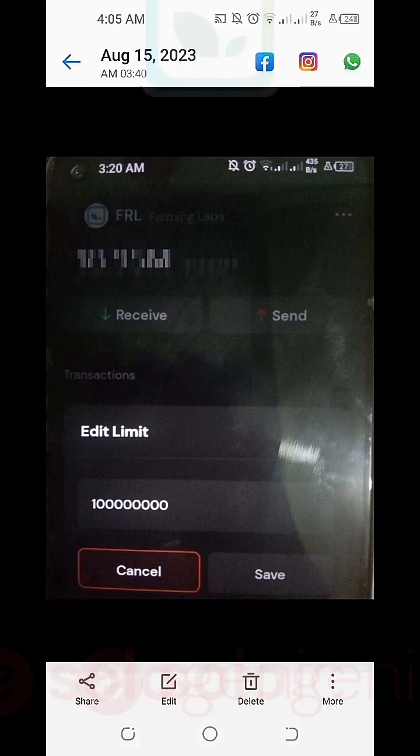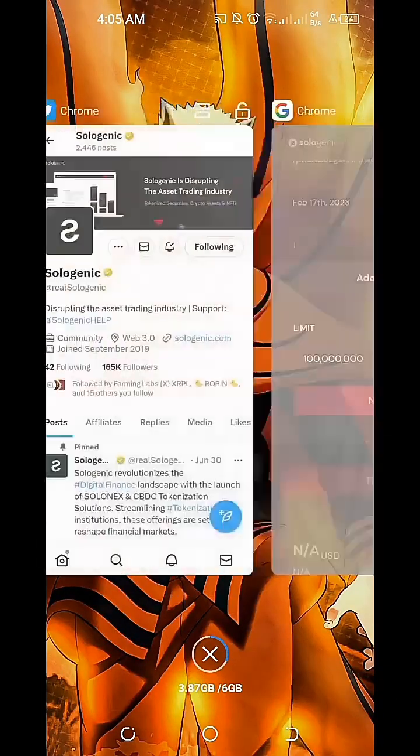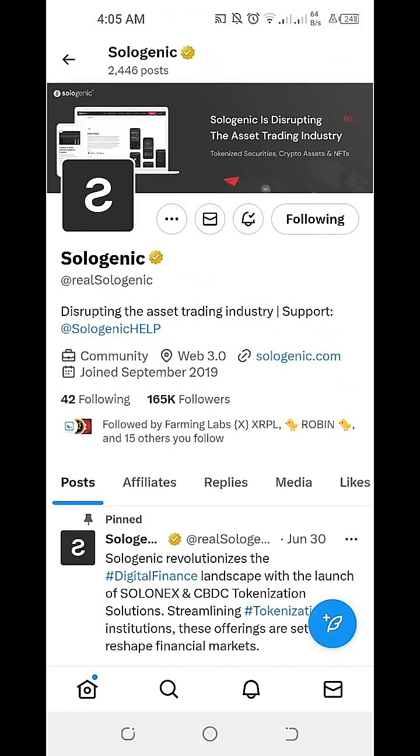Okay, now what I did here to ensure that I have the proper understanding about the edit limit numerical value whenever we set up trust line and add an asset to our Sologenic Dex and wallet, I reached out to the Sologenic help and support because I want to make sure that the edit limit amount I'm seeing whenever I'm setting up the trust line on my Solo Dex and wallet means that I can only hold a maximum amount of 100 million tokens.